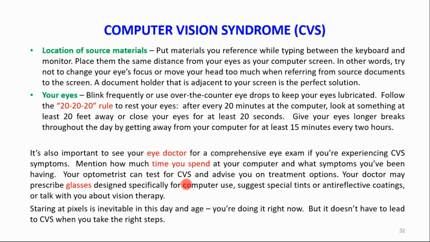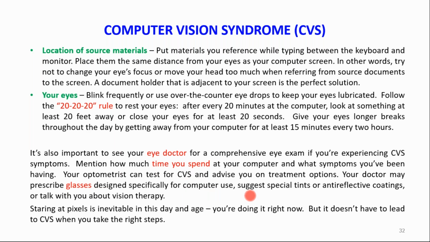In the IT and electronic industry we can't get away from the computer, because the main work is on the computer only. We have to work on the computer screen for many hours, so for that purpose, your doctor may suggest specific glasses for your computer use.